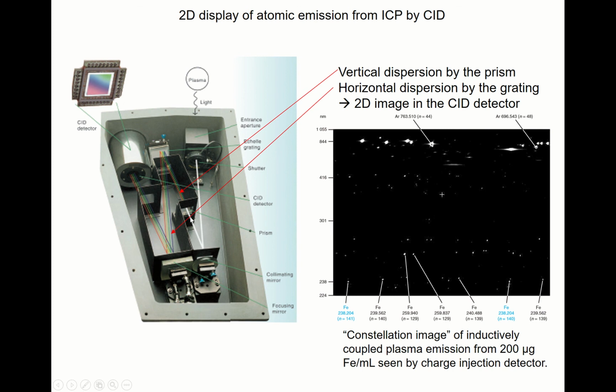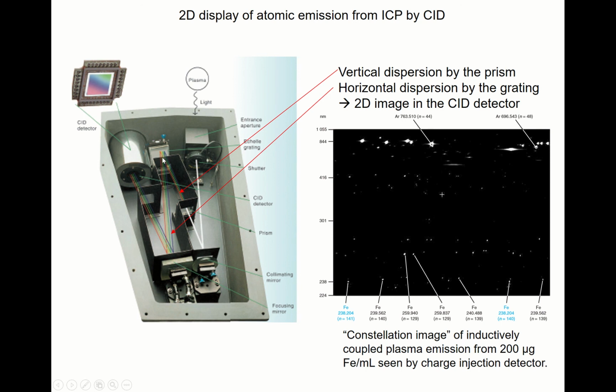First, it enters the prism, so vertical dispersion by the prism occurs. Depending on the wavelength, it is vertically dispersed here. Then this vertically dispersed radiation is further dispersed by this grating here.